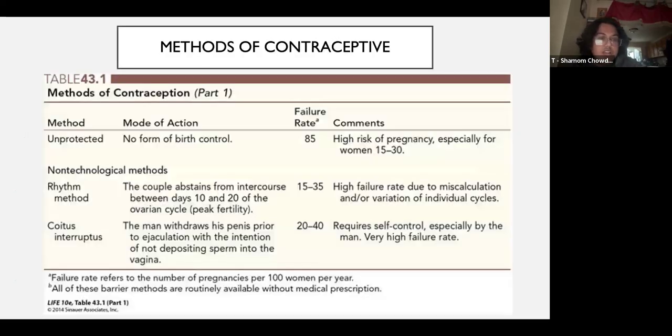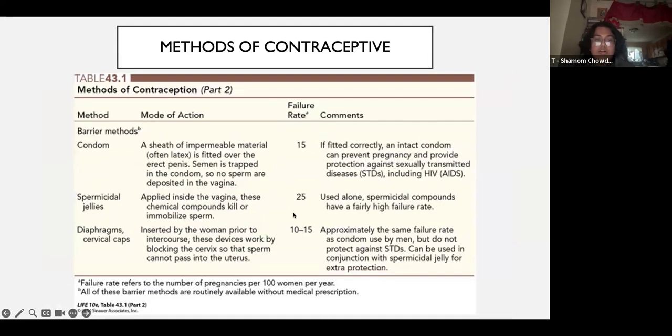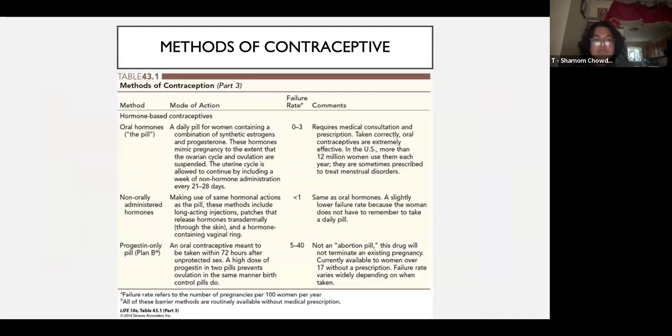Controlling fertility. There are several methods of contraceptives to help control fertility. Obviously, if you are unprotected, there's a high rate of fertilization and high risk of pregnancy. Also the rhythm method, coitus interruptus. There are several methods: condoms, jellies, cervical caps.